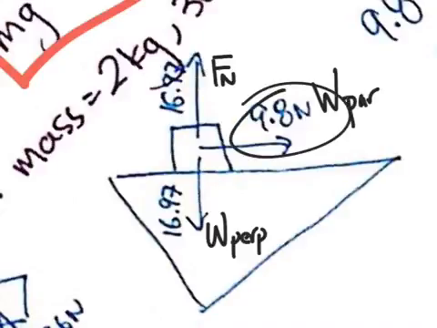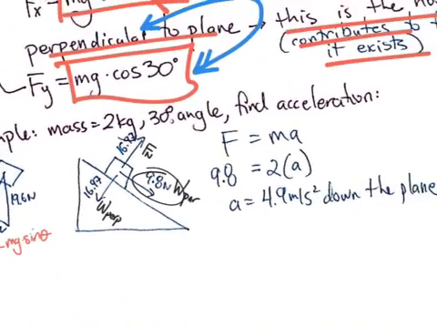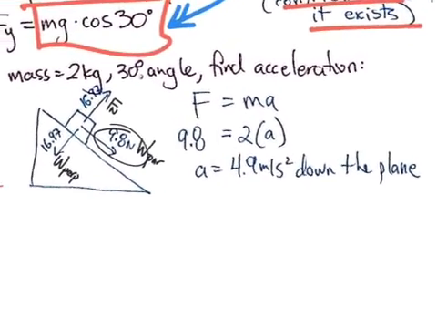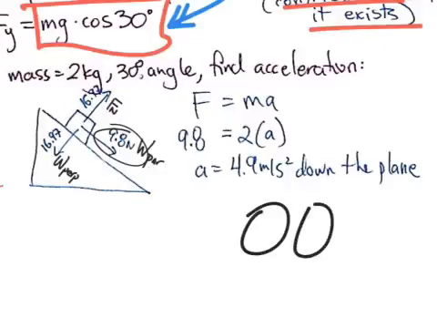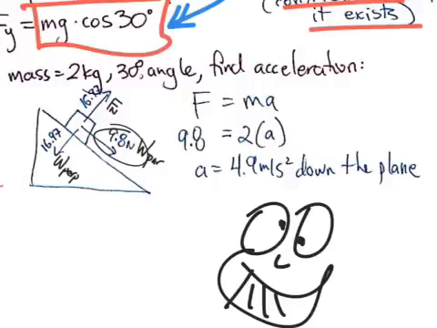So that is what goes towards accelerating, speeding the mass up as it slides down the inclined plane. So in this example, our net force is just 9.8 newtons, and that's equal to mass times acceleration. So we get 4.9 meters per second squared down the inclined plane. Next lecture, we will discuss what happens when there's friction. And it's a little more complicated, but we can do it.